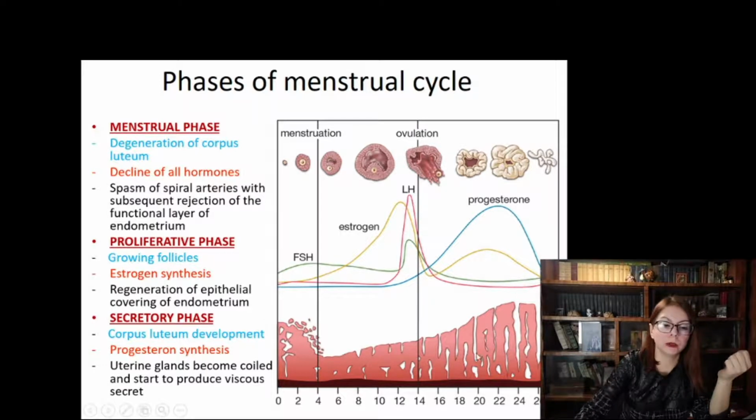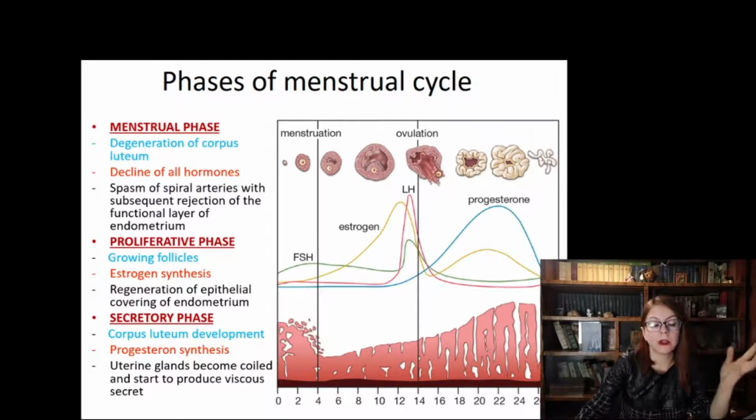So even in case of fertilization, the uterus is not ready to accept this pregnancy, so it would not be implanted. Moreover, the cervical fluid is more dense and impermeable for spermatozoa, and many other events. So that's how you can understand how different drugs work.